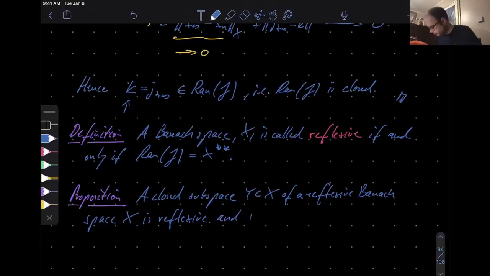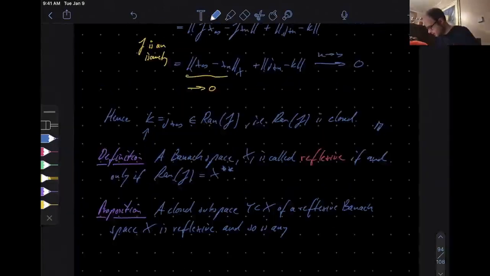And if you have two isomorphic Banach spaces, so remember that means Banach space X, Banach space Y, and there exists an invertible bounded linear transformation between those two guys, then if one is reflexive, the other one is reflexive. So isomorphisms, they preserve reflexivity of Banach spaces, right?